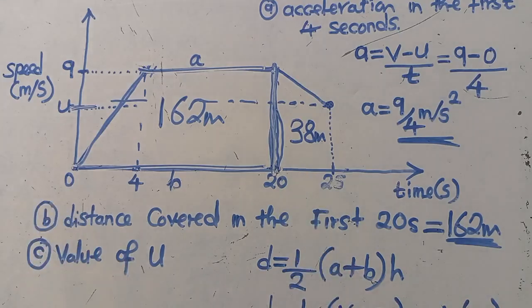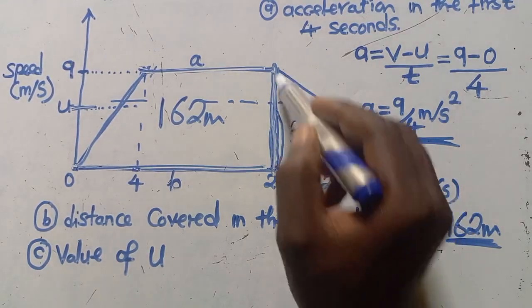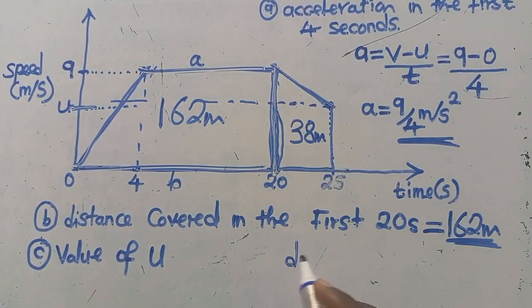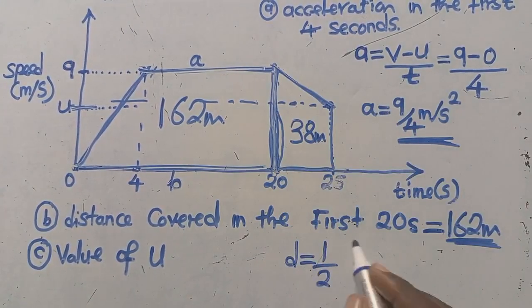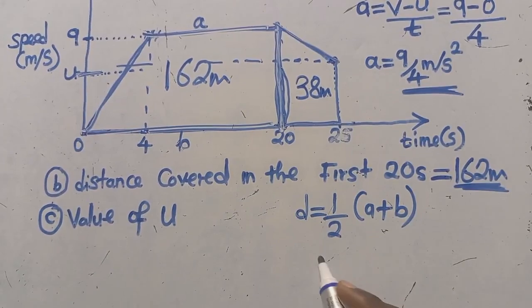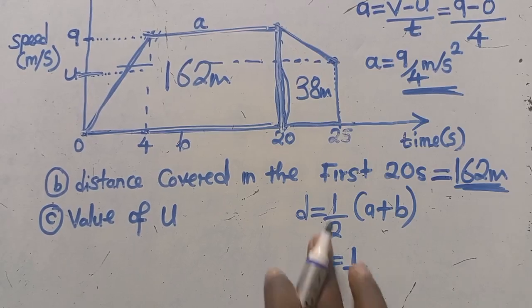So looking at the formula that is going to be used, I've told you that this is a trapezium. This is also a trapezium. So I will say distance is equal to half (a plus b). What is the distance first of all?